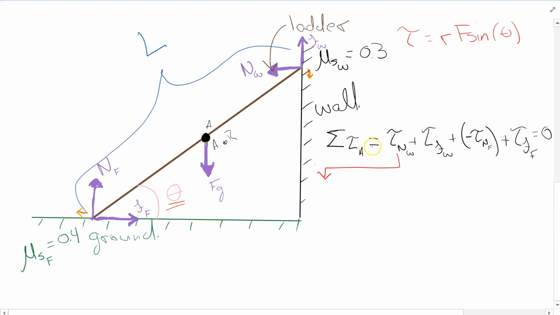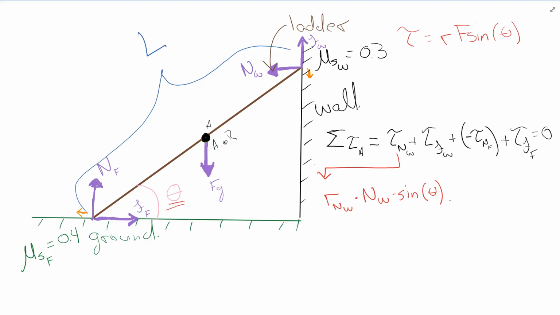So the torque caused by my normal force from the wall is going to be my lever arm that goes from my axis to my normal force of the wall, times my normal force of the wall, times sine of the angle between them. So what does that look like?